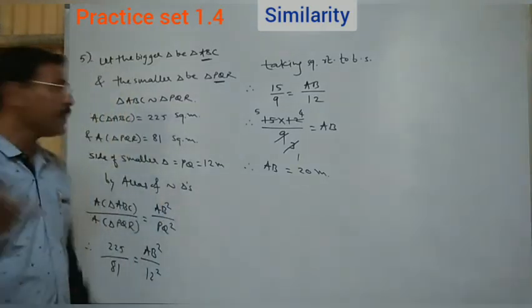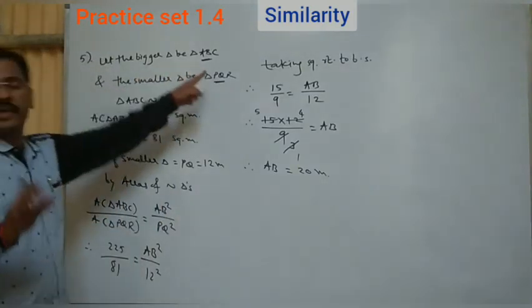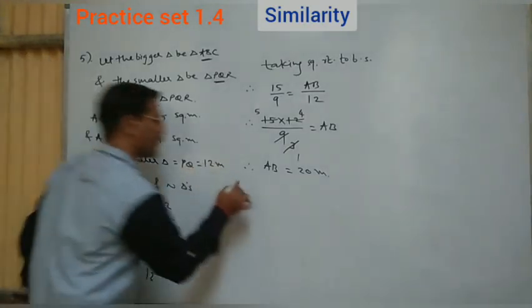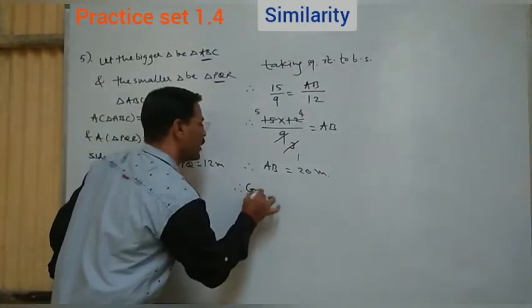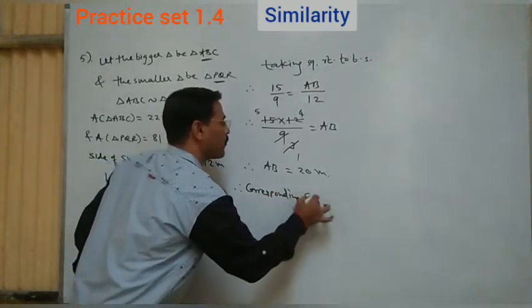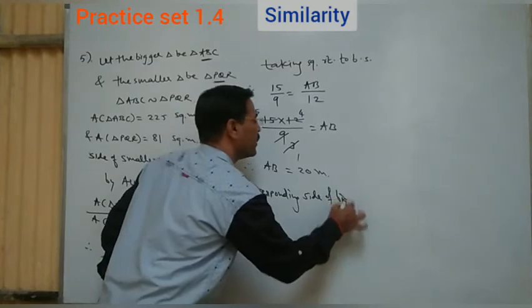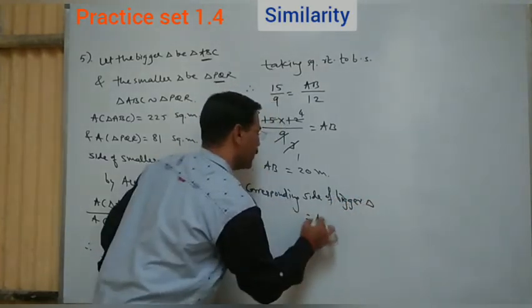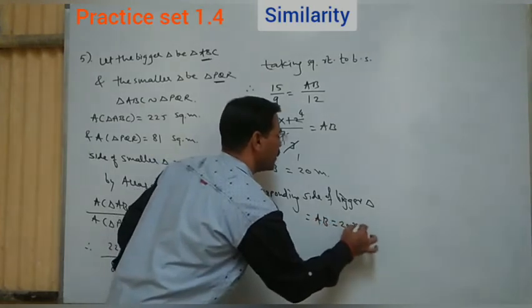What is AB? It is the corresponding side of the bigger triangle. Therefore, the corresponding side of the bigger triangle, that is AB, is 20 meters.